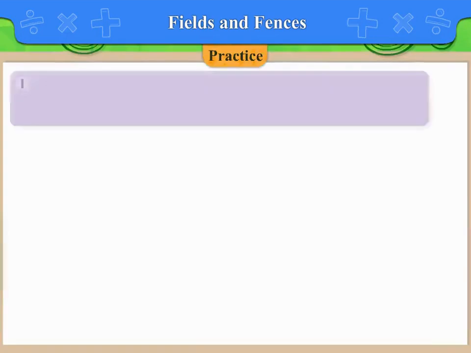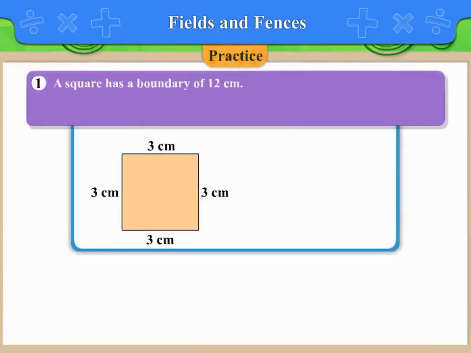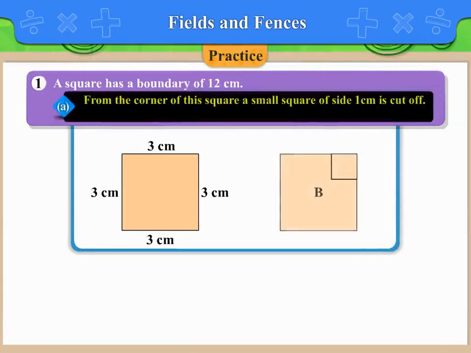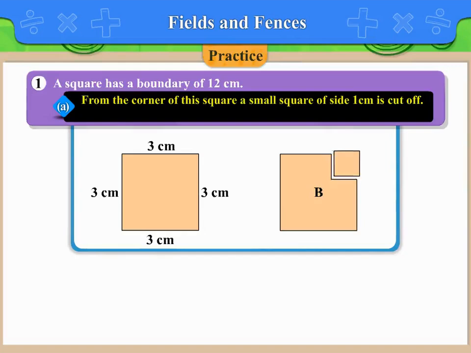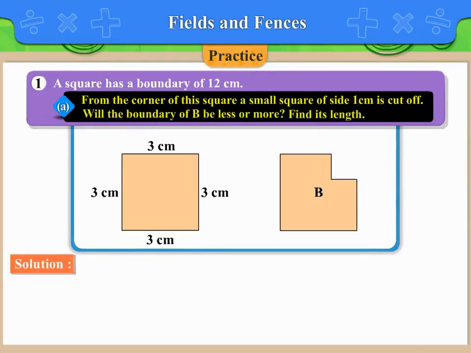Practice. Example, a square has a boundary of 12 centimeter. A. From the corner of the square, a small square of side 1 centimeter is cut off. Will the boundary of B be less or more? Find its length. Solution.